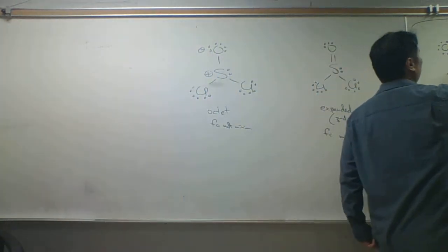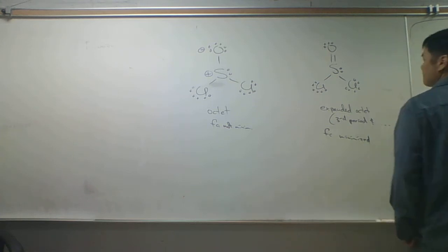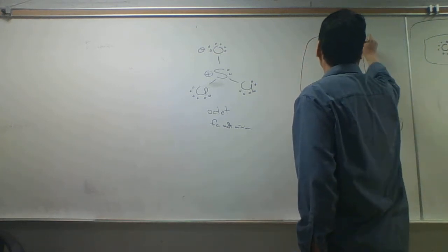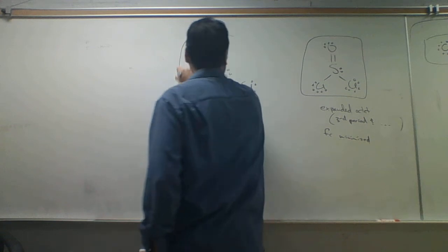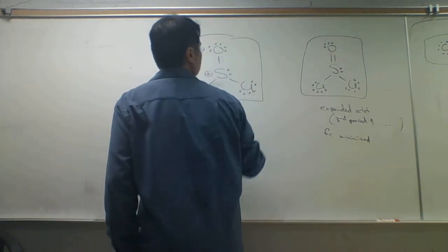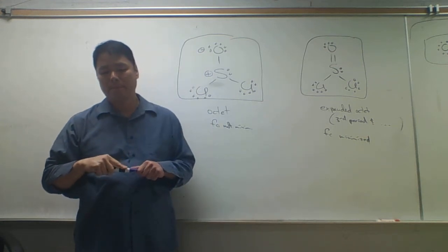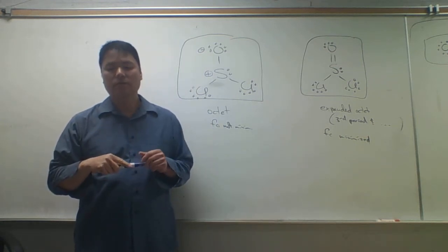Is this a resonance form here? No, this is what we'll call an isomer. Isomer has the same formula, different structure. So this is fine. Formal charge is minimized, everything has an octet. And so these are 3 structures that we can draw for SOCl2.